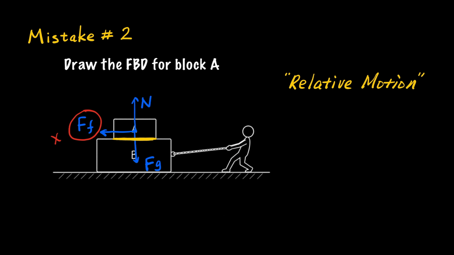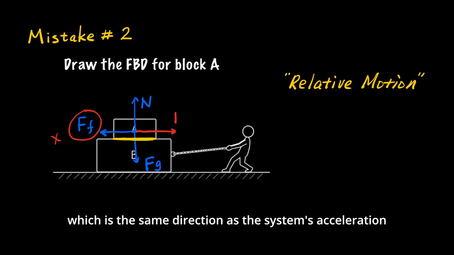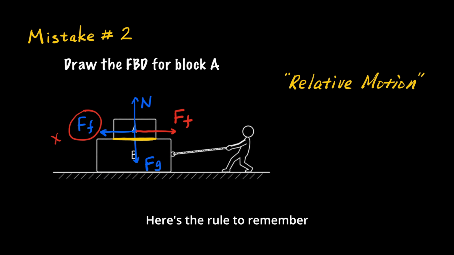So in this case, friction points to the right, which is the same direction as the system's acceleration. Here's the rule to remember. Don't ask which way is the object moving. Instead, imagine friction disappears for a second and then ask, which way would the surface slide? Friction points the other way.